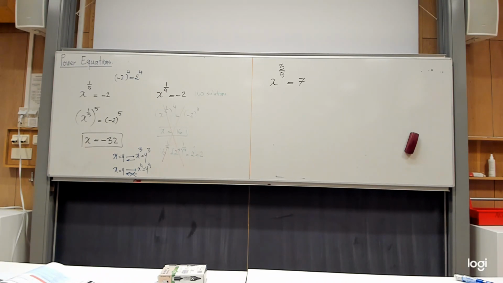Again, the strategy is to make x alone. So what are we supposed to do? I would start by dividing... the fifth root of x to the power 3, x cubed. Yes?